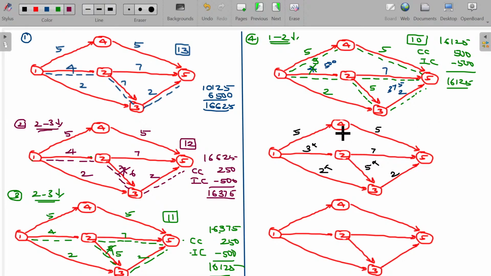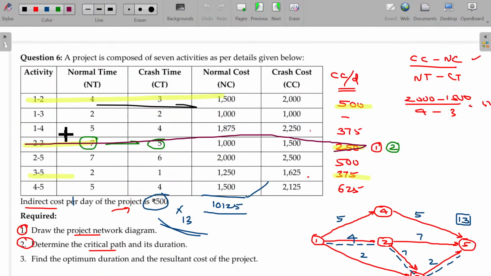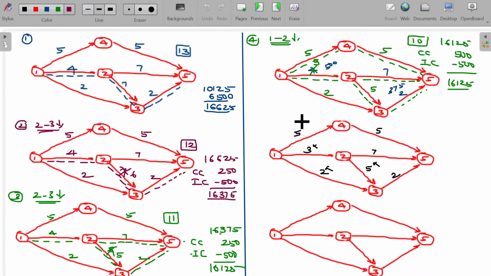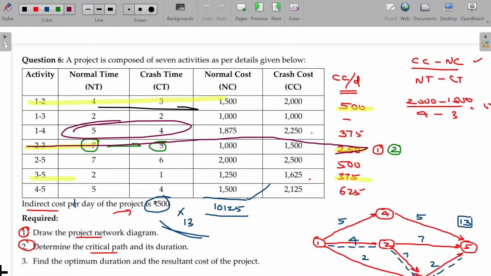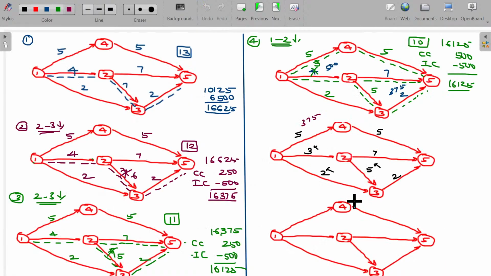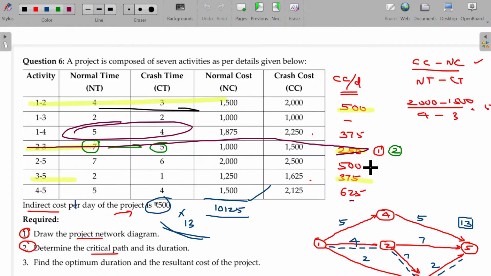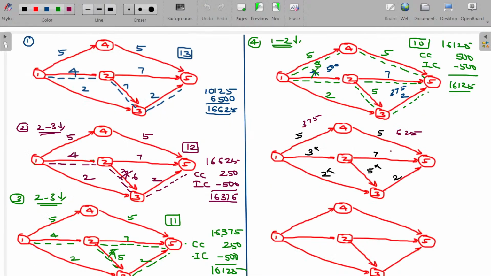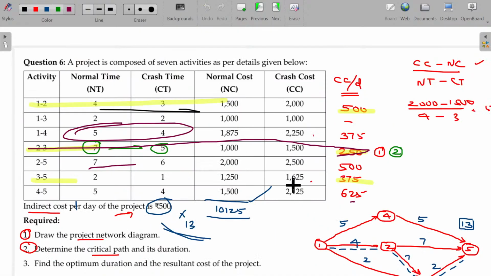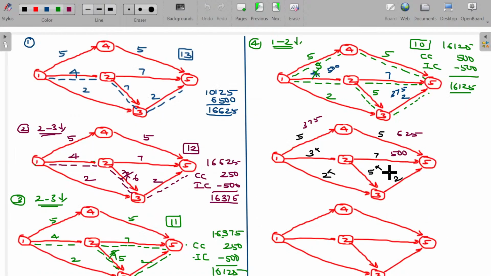What about 1 to 4? 1 to 4 can be reduced by 1 day by incurring 375. 4 to 5 can be reduced at a cost of rupees 625. 2 to 5, 1 day can be reduced at a cost of rupees 500, only 1 day. 3 to 5 can be reduced at a cost of rupees 375. Is that okay?